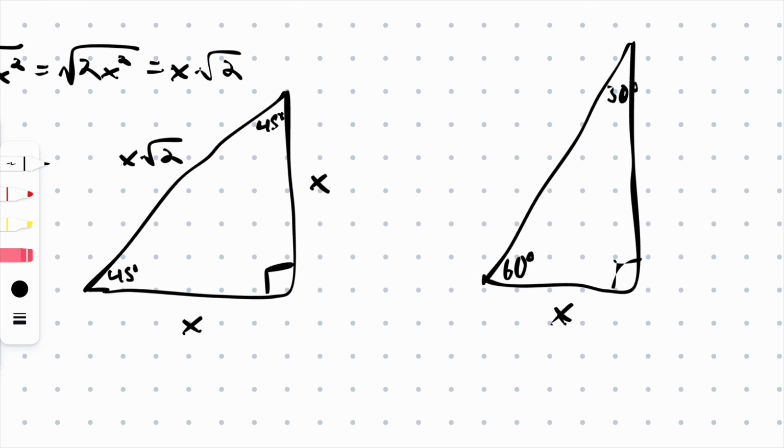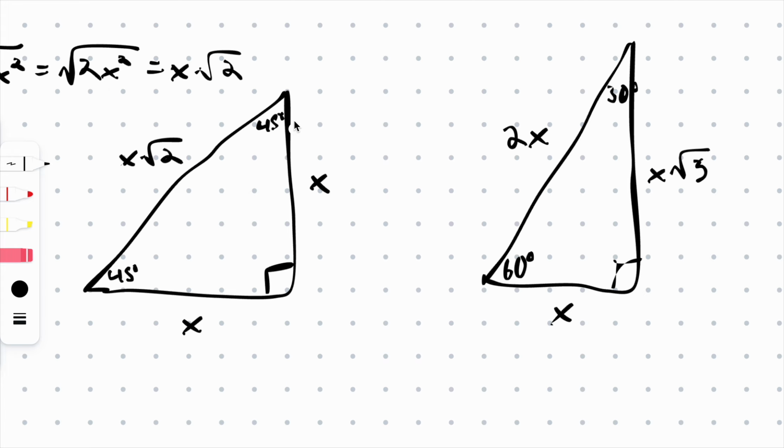A 30, 60, 90 degree triangle is defined as having a hypotenuse equal to 2x. So 2 times whatever this side opposing our 30-degree angle is. And then this other leg is going to be equal to x root 3, okay?